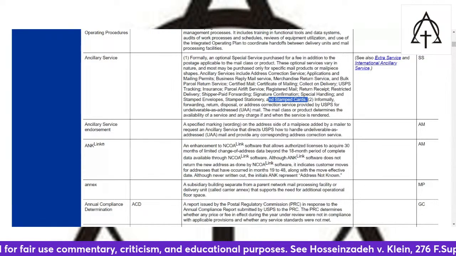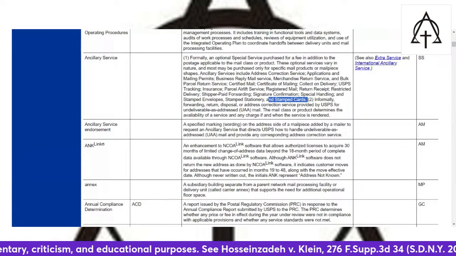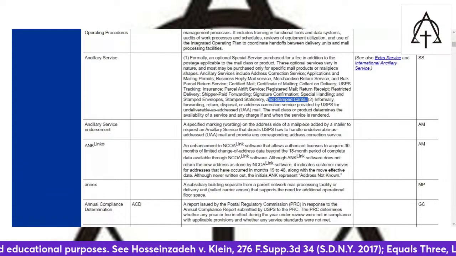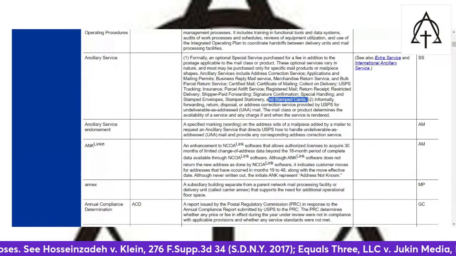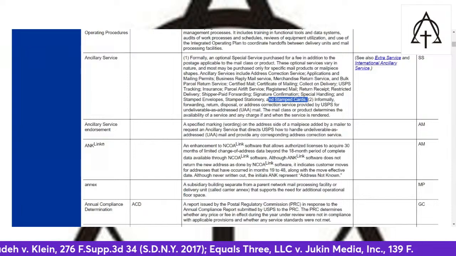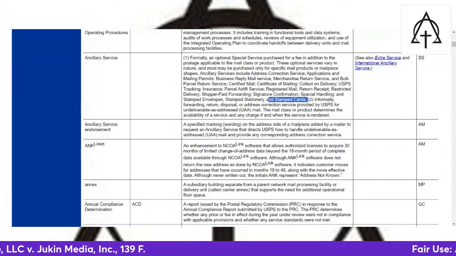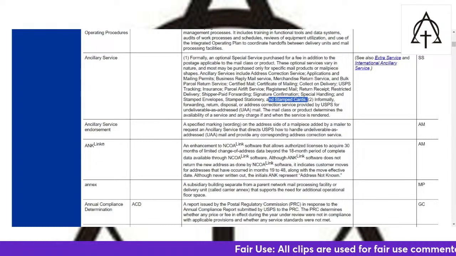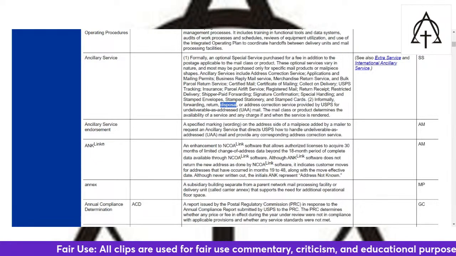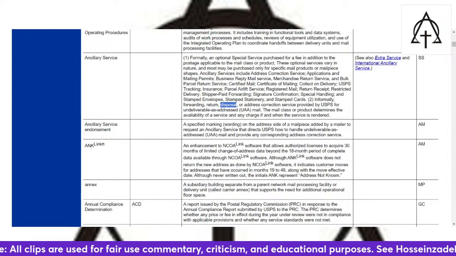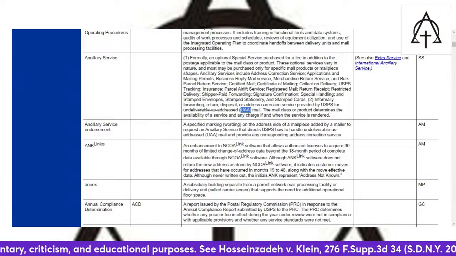At a reasonable expense or a reasonable or acceptable cost. Again, if it's freedom of transit, then what is the acceptable cost? Well, I accept your original offer that I see in the public forum as freedom of transit. Informally forwarding, return, disposal, which is a disposition, or address correction service provided by the U.S. Postal Service for undeliverable as addressed.